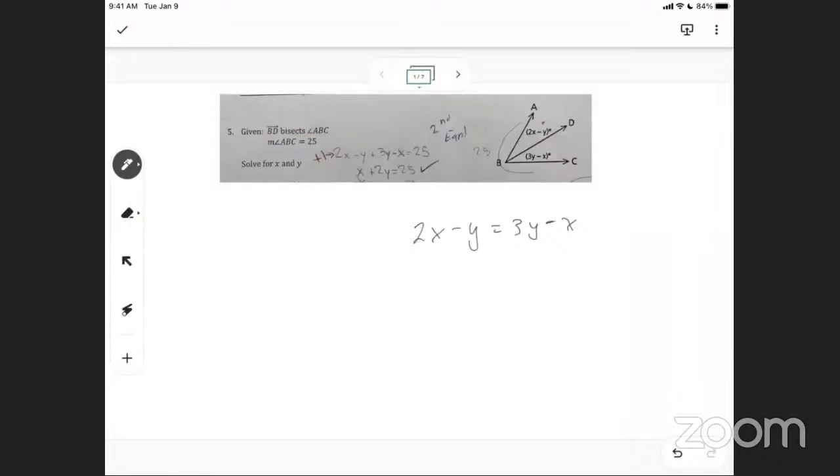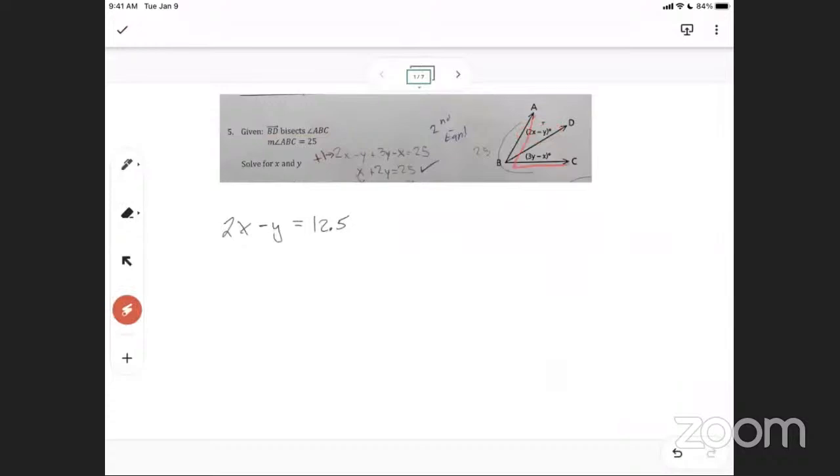So let's see, what can I do? A little bit tricky here. Let's do it this way. Basically what I want is two equations with the two variables. There's a couple ways you can do this, but I think this is probably the most straightforward way. I know that this thing is going to equal 12 and a half, right?